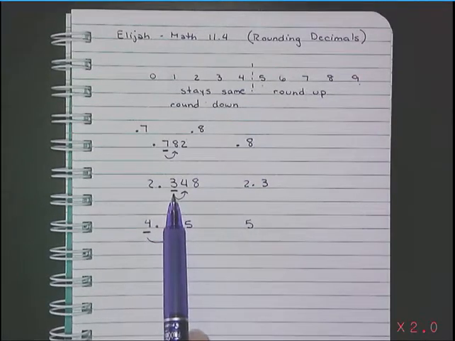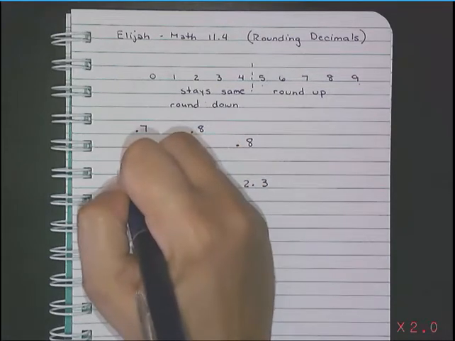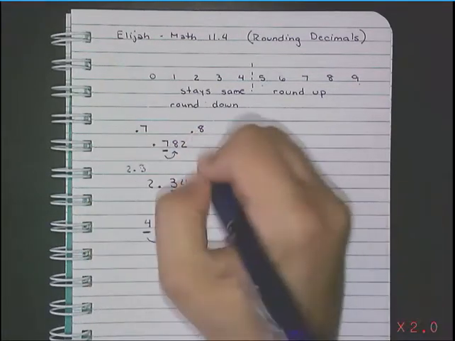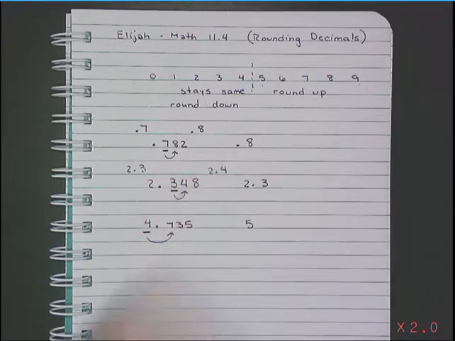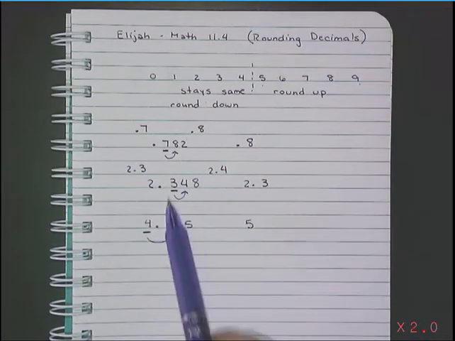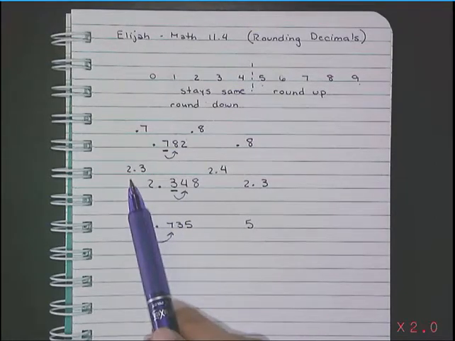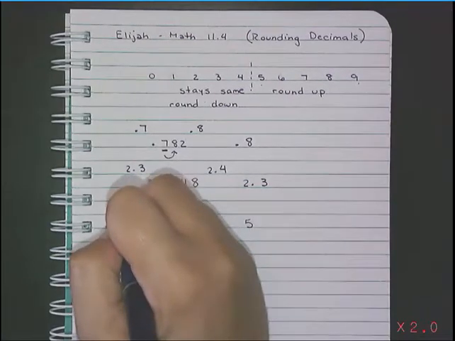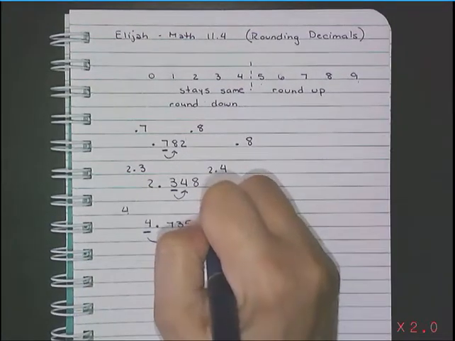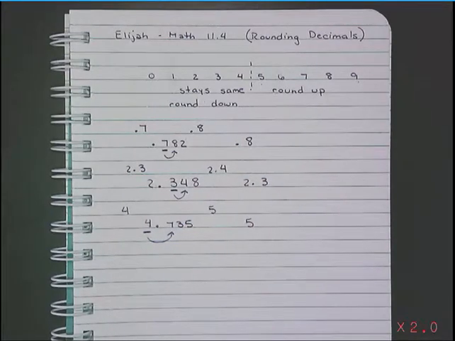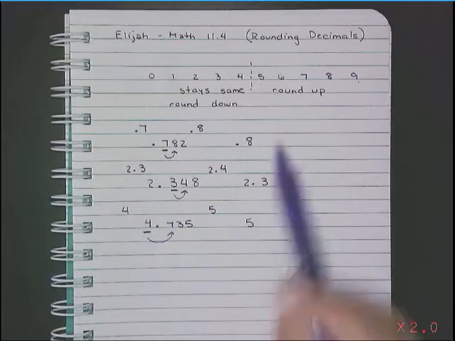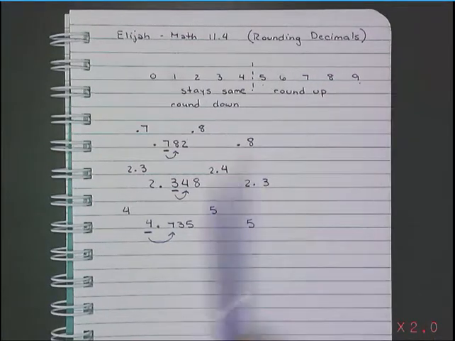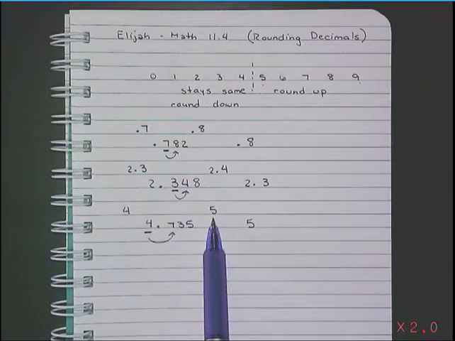Same thing here, is this number closer to 2.3 or closer to 2.4? Because this is a 4, and we're rounding to the tenth, it's closer to 2.3. This is the same way. Is this number closer to 4 or closer to 5? Because the number to the right is a 7, it falls on the top end of that scale. This number is closer to 5.